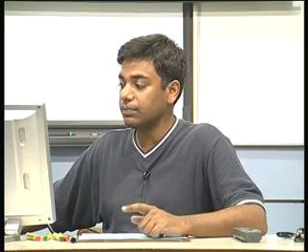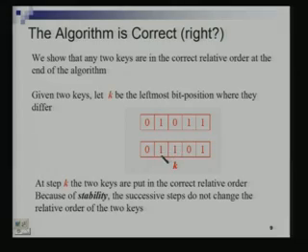Because of stability. So, now when I am looking at the k plus 1th step, these are the same. Because it is a stable sort, this key which is appearing before this would continue to appear before this, and similarly at the next step and so on.